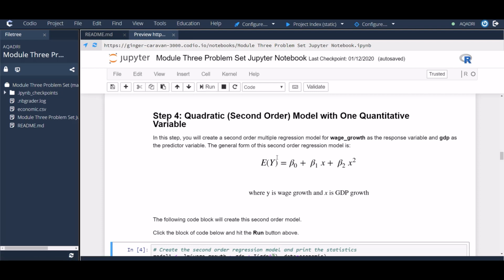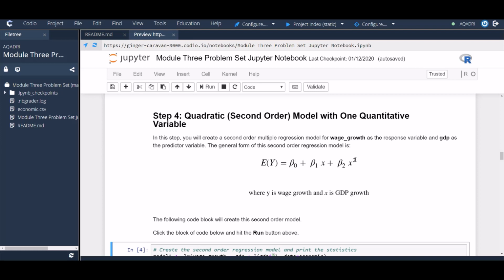Well, if you notice, this is the general form of the second order or quadratic model where you only have one predictor. Notice that this part here is exactly what a simple linear regression model is, right? This is what that is. And all you have to do is add this term here, beta 2 x squared, to make it into a quadratic model.